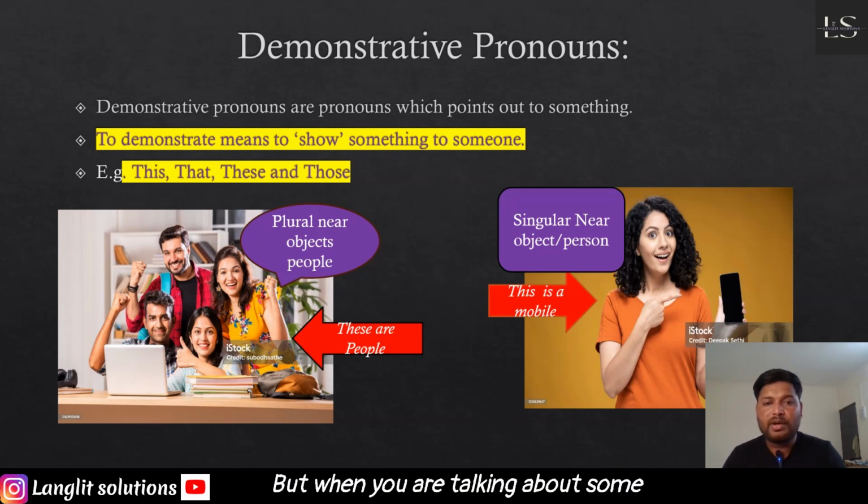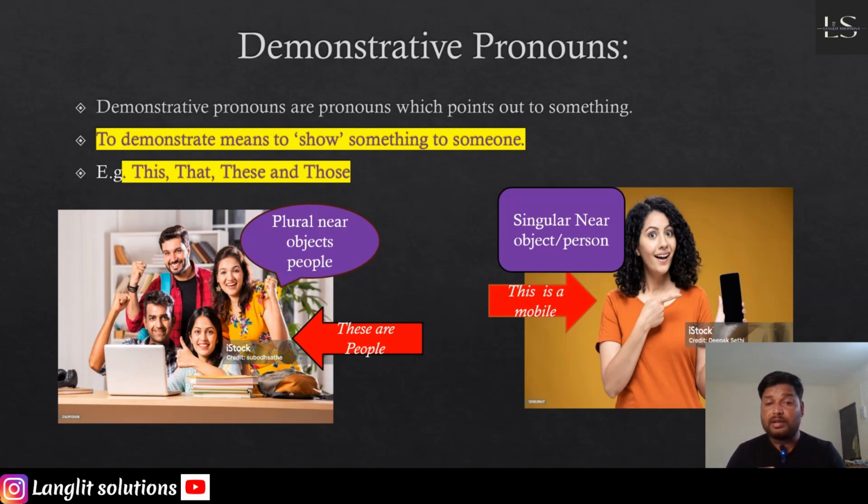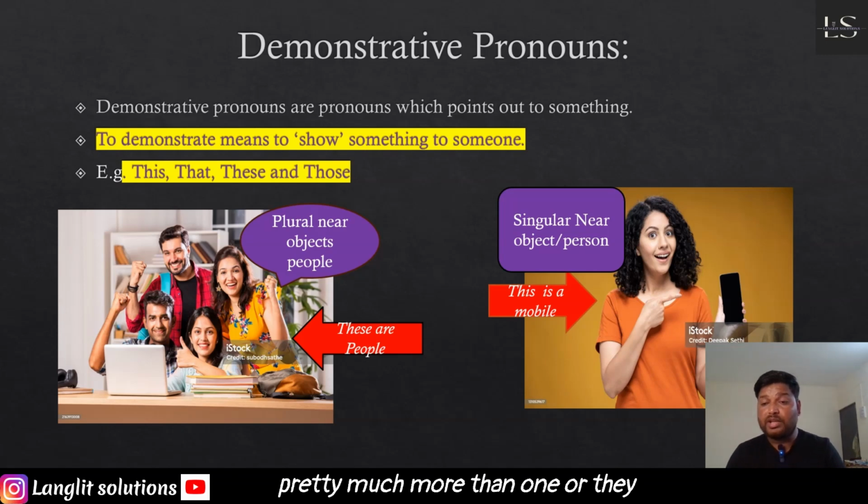But when you are talking about objects which are large in number, more than one, and they are plural, and some people are near and some people are away from you. As you can see on the screen, these are people. These people are near to me.